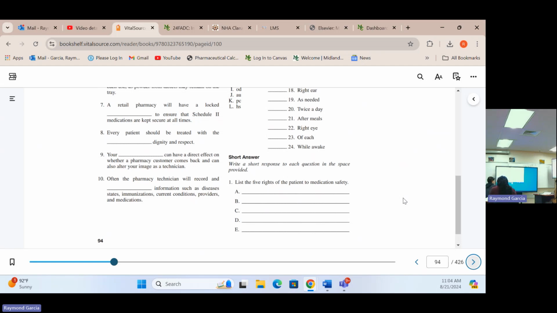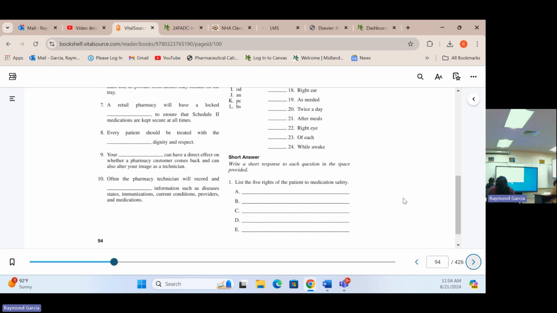It must be verified that the medication written on the prescription order is the medication being dispensed for the patient. So letter B would be right medicine or right medication. We want to pull the right drug. We are pulling the same drug that the order is asking for.